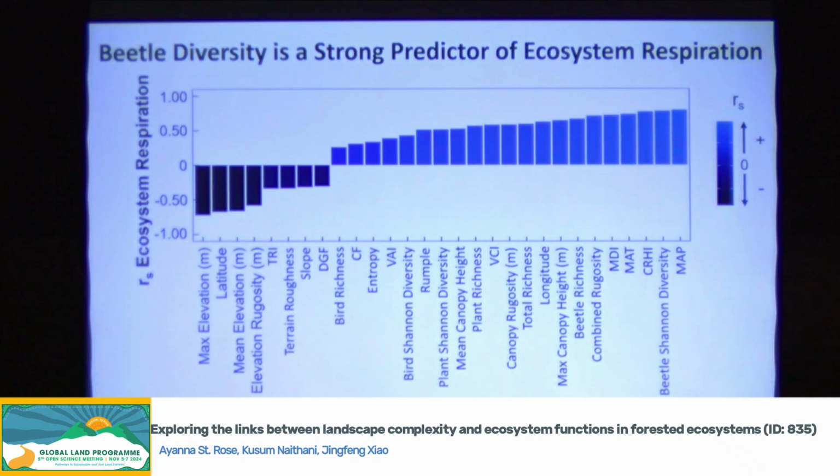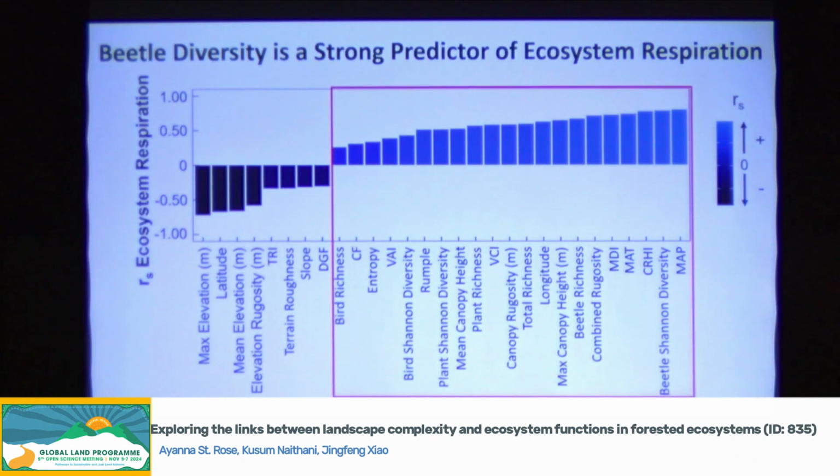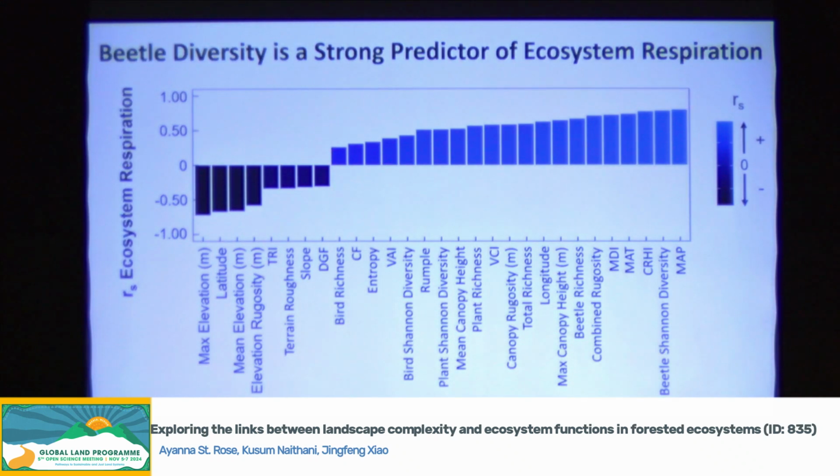So here we have this Spearman correlation of ecosystem respiration on our y-axis and then our predictor variables on our x-axis. I just want to highlight that structural, biological complexity and canopy structural complexity were all positively correlated with ecosystem respiration, while terrain rugosity was negatively correlated with ecosystem respiration.